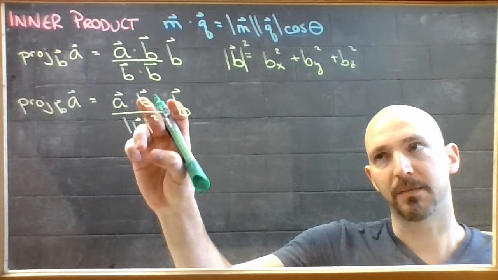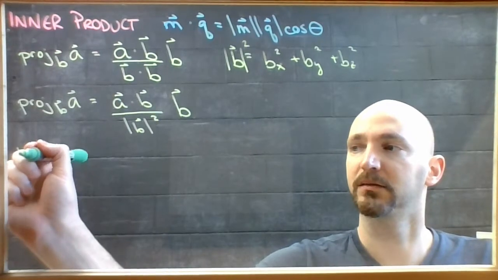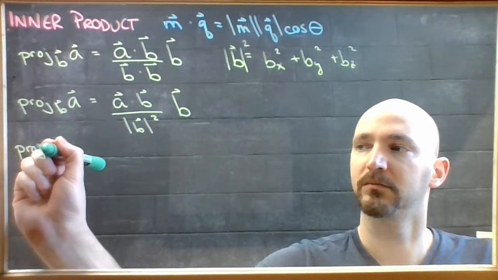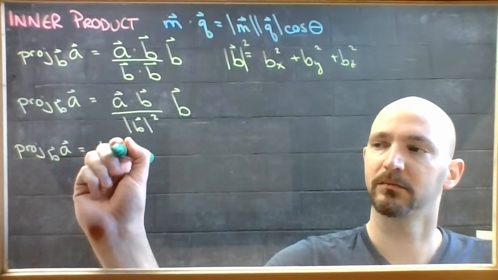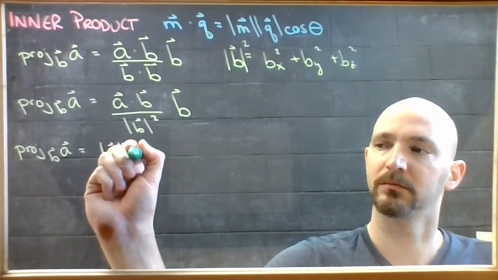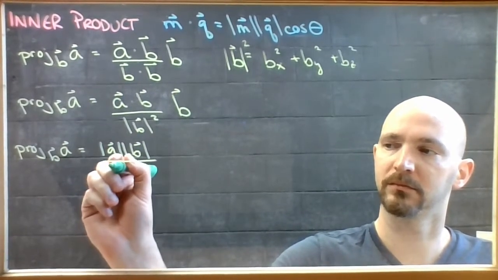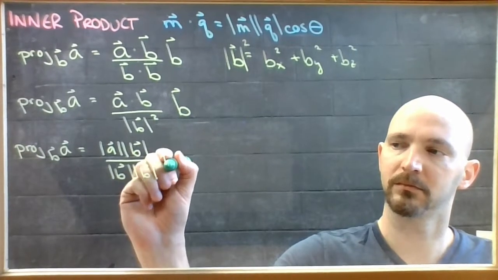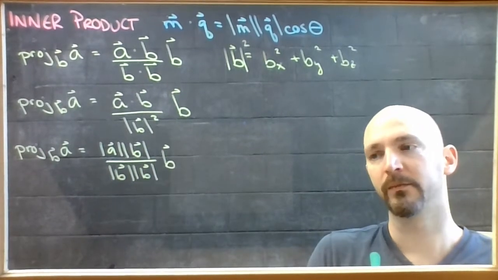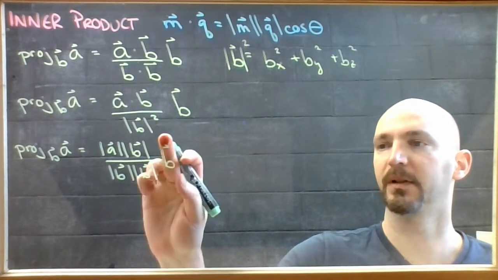A dot B up here is just this thing, so I'm going to fill that in. And you notice I have a magnitude of B over top. Oops, sorry.